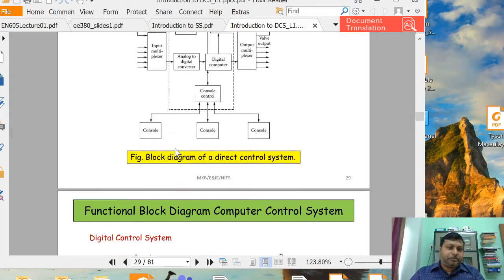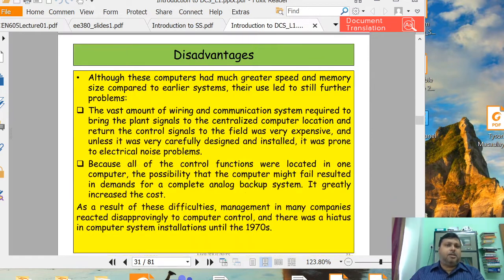Similarly, returning the control signal to the field was very expensive. So this whole wiring and communication system is definitely very expensive.